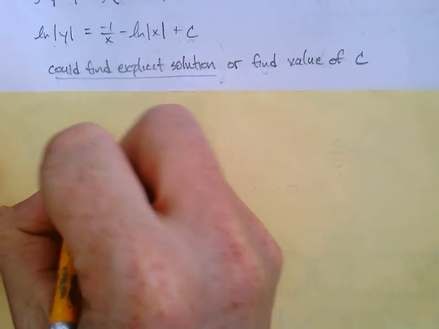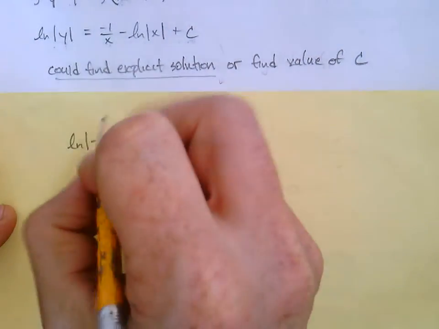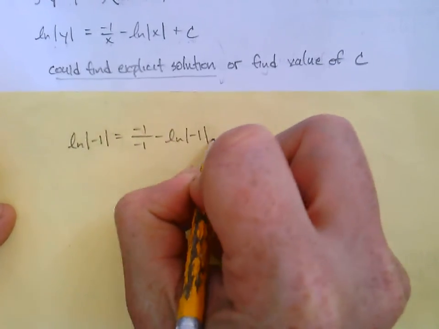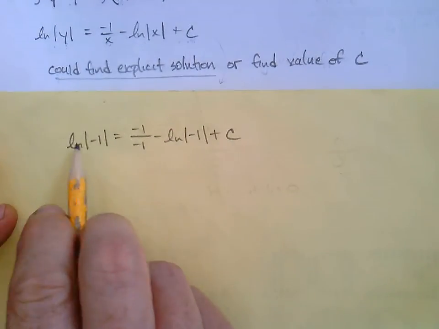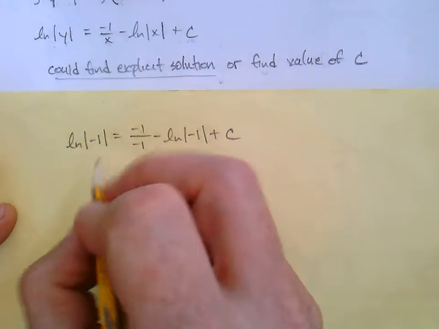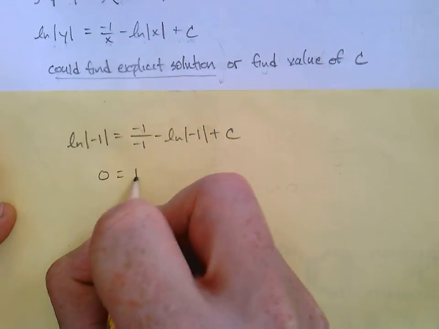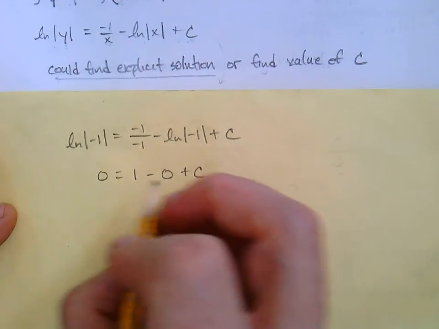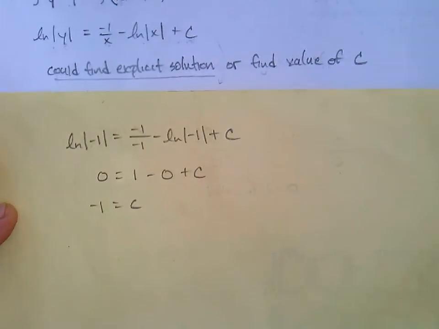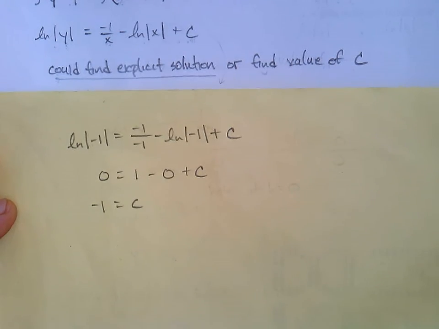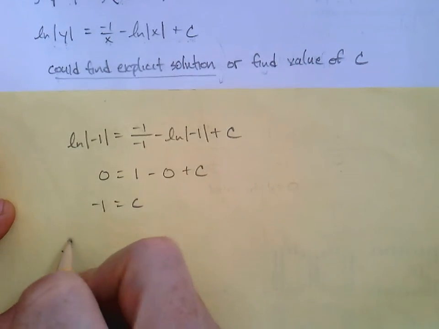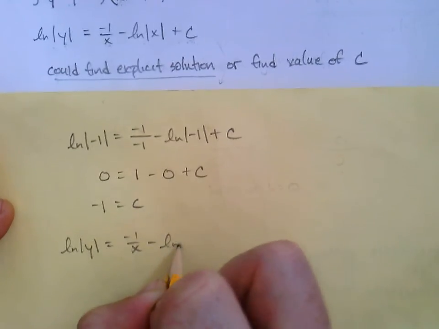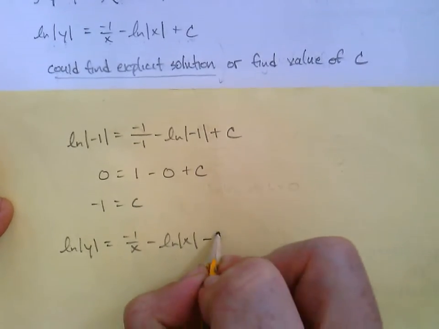The natural log of absolute value negative 1 equals negative 1 over negative 1 minus the natural log negative 1 plus c. Okay, well this would be the natural log of 1 is 0 equals 1 minus 0 plus c. So we would realize that negative 1 equals c. And we could plug that in. Natural log y equals negative 1 over x minus the natural log of x minus 1.